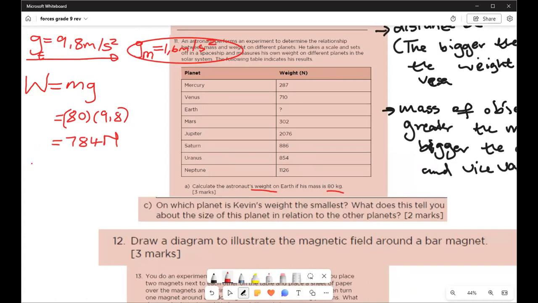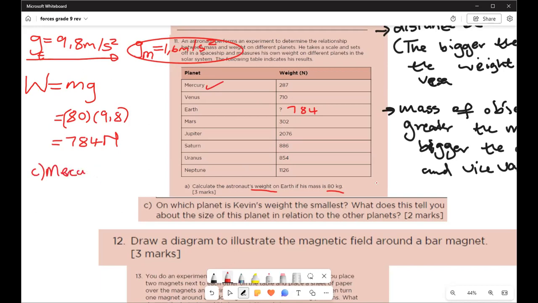Okay, now let's check C. On which planet is Kevin's weight the smallest? You just check here. Remember, here it's 784. Let's see, 287 on Mercury. So the weight is smallest on Mercury. So the answer for C, you'll say Mercury.